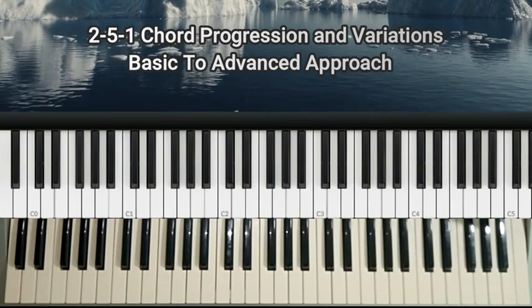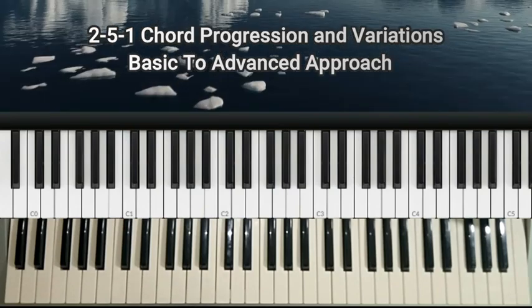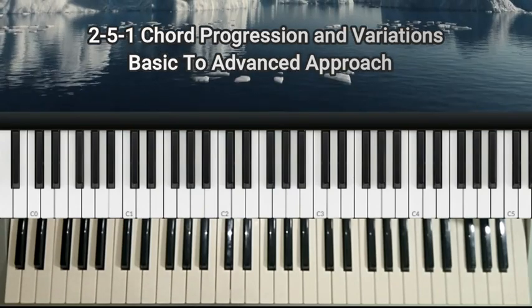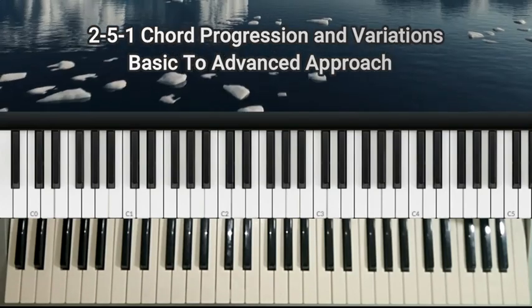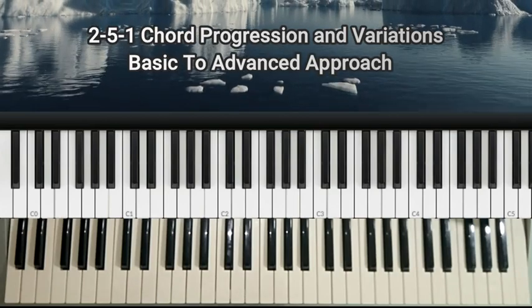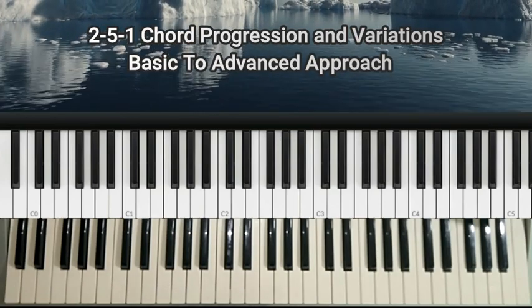Now, I'm going to give you about 5 variations, 5 ways in which you can play the 2-5-1 chord progression. The very first one, we're going to deal with the basic triad chords.